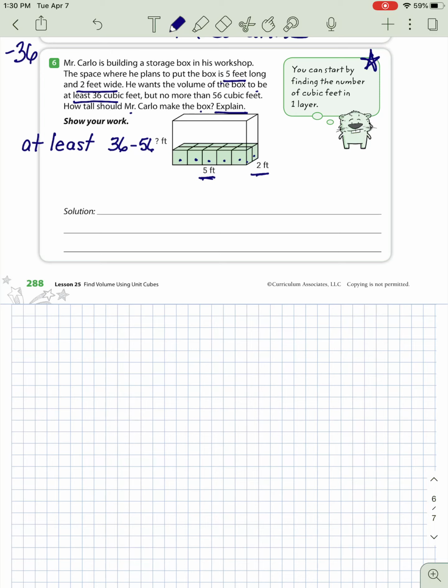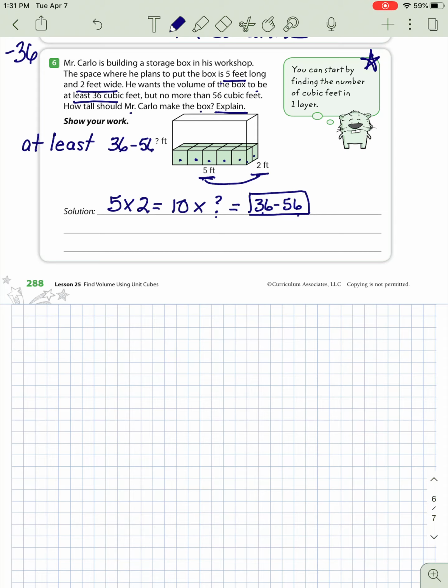First thing I'm going to do is multiply 5 times 2, which I got from here, and that gives me 10. What could I multiply 10 by that would get me to that range between 36 and 56? I have to get to at least here, that's the minimum, and I cannot go over 56.